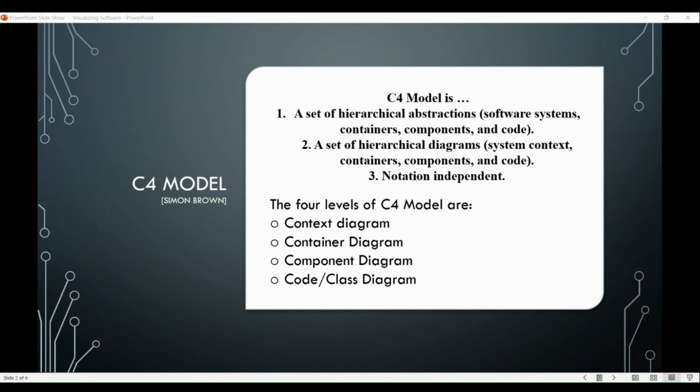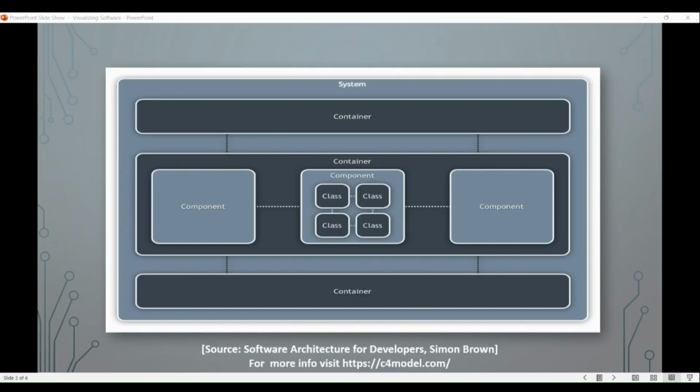And then finally, we have the class diagram or the code diagram, whatever you can call it. This is the lowest level diagram in the C4 model, which shows the code level details of the system. That includes the classes and methods within each component. And this is how these diagrams look in the larger view of a system.